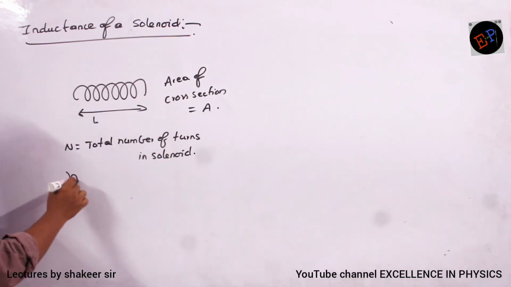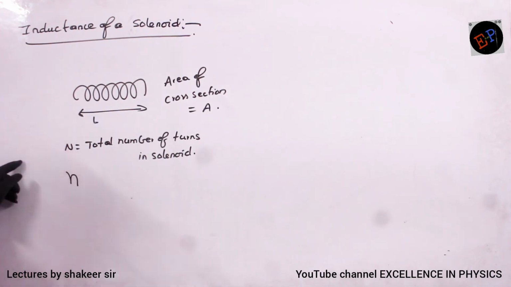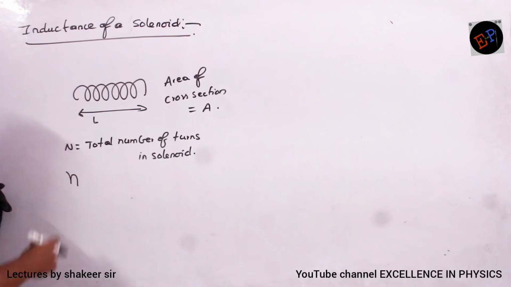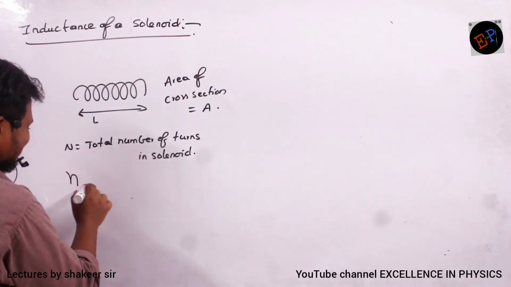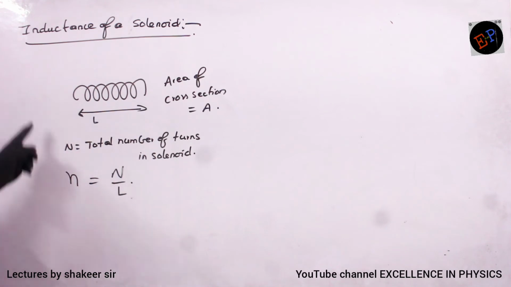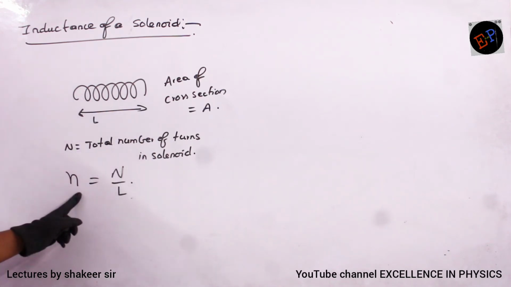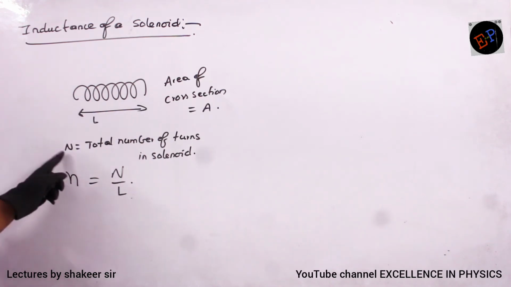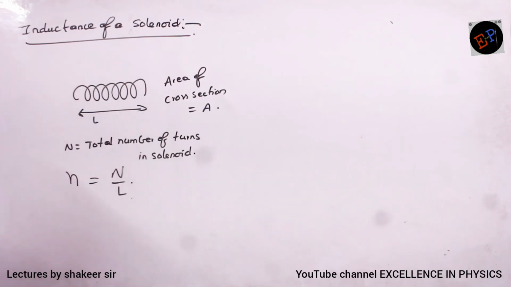Small n is different, capital N is different. Small n is the number of turns per unit length. Per unit length, how many turns are present? That is small n. Capital N is the total number of turns.